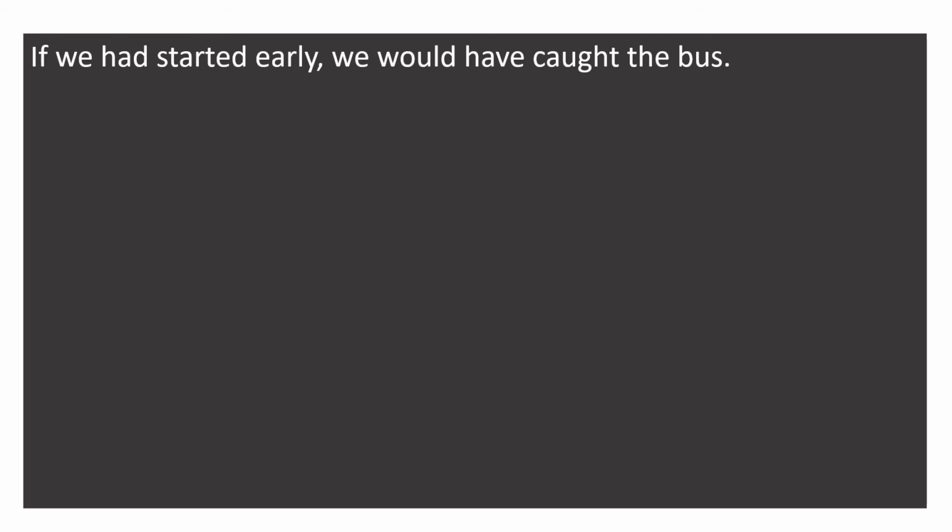Means here the speaker is telling that they did not start early, and so they didn't even catch the bus. This is a past action. If we had started early, we would have caught the bus. Actual meaning is we did not start early, and so we did not catch the bus. Already happened situation, past situation.